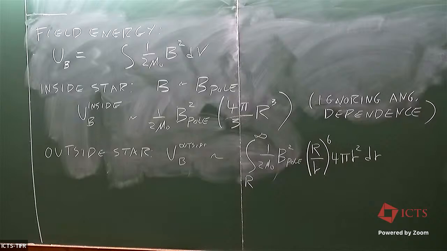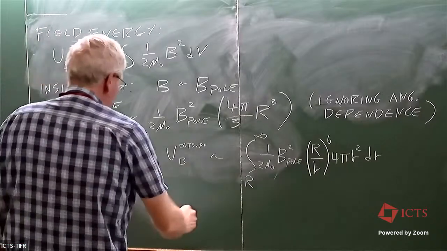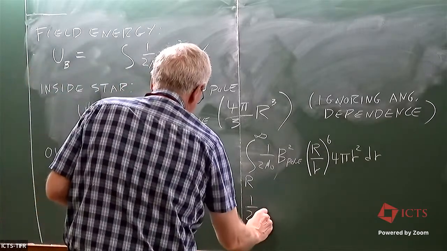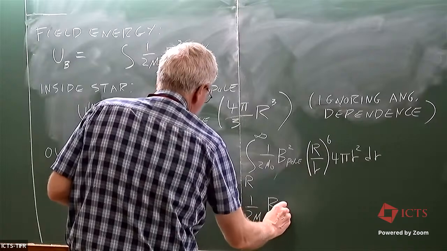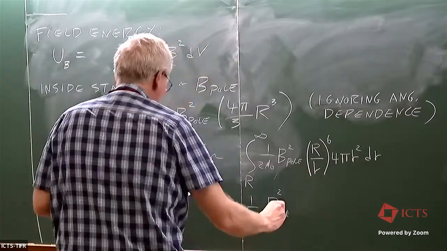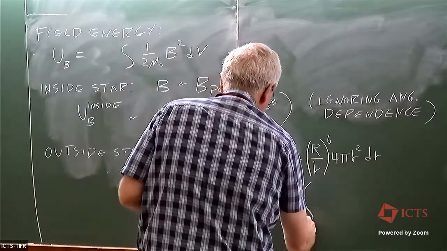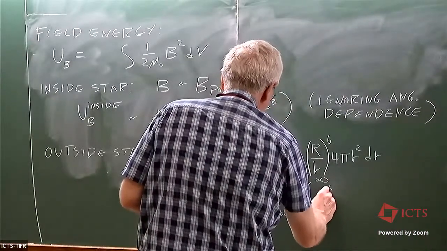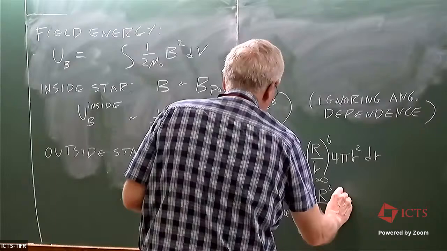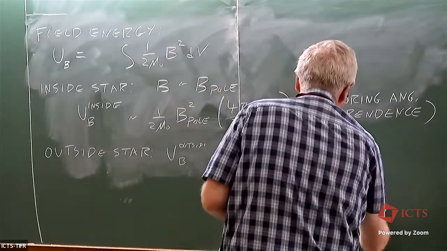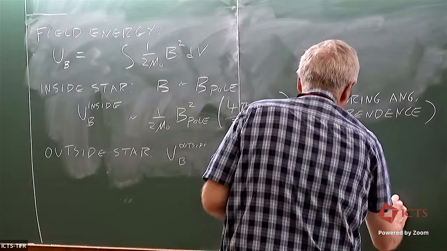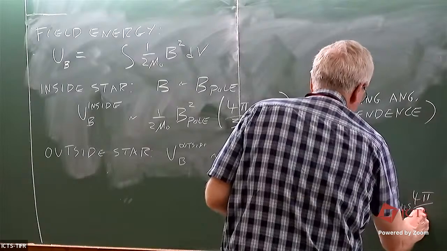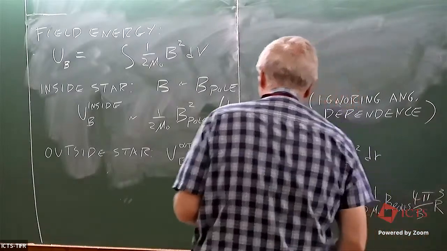But just for an order of magnitude result, what we end up with is 1 over 2 mu naught times B pole squared, integrated from the radius as the lower limit to infinity for the upper limit, of capital R to the 6th over r to the 4th dr. And so we end up with 1 over 2 mu naught B pole squared, and the same result as before, 4 pi over 3 times R cubed.